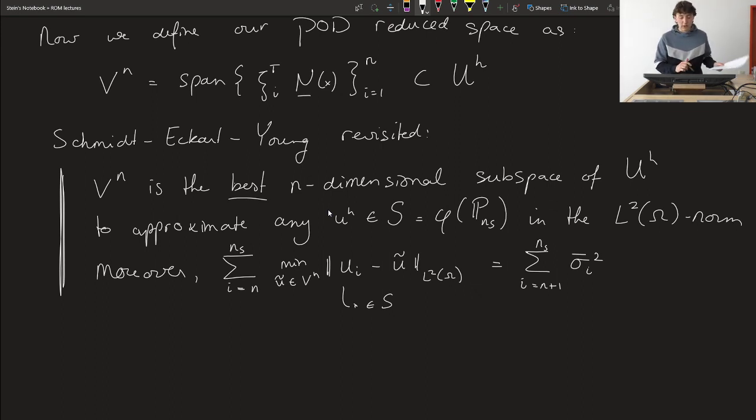Okay, so this was what I wanted to talk about in regards to the SVD POD. And that's pretty much where we leave this topic and continue with something else. To give you a hint of where we're going: this still hinges on the assumption that our snapshot matrix is a good representation of our solution manifold. And that assumption is actually very expensive.